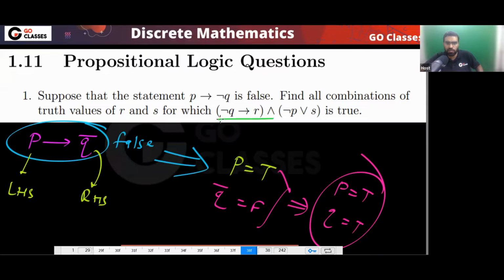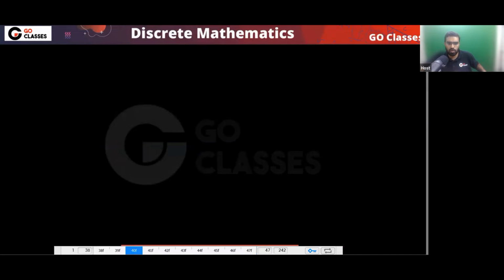This information is given to you: P true, Q true. Now we have to find when this will be true, for all combinations of truth values of r, s. So P, Q are true, that is given to you.